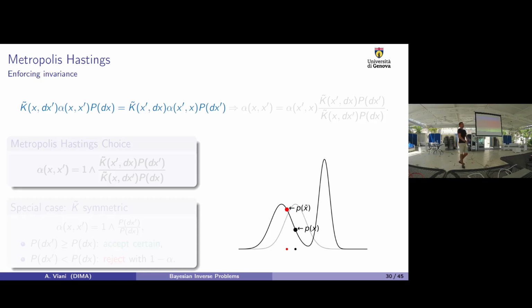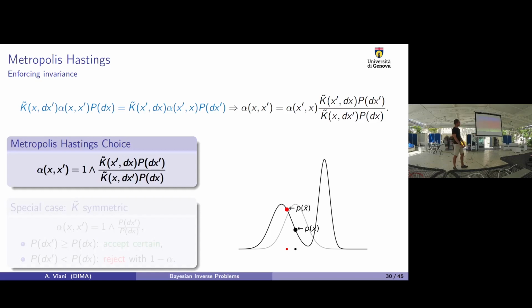If we move, we use K tilde, and then alpha is nothing but alpha times this ratio. The ratio is again: we are in x prime and move from x prime to x, and we are in x and move from x to x prime. So always the double face.